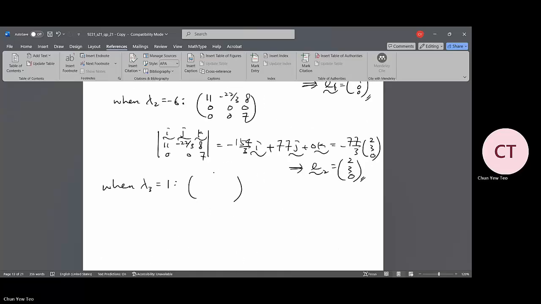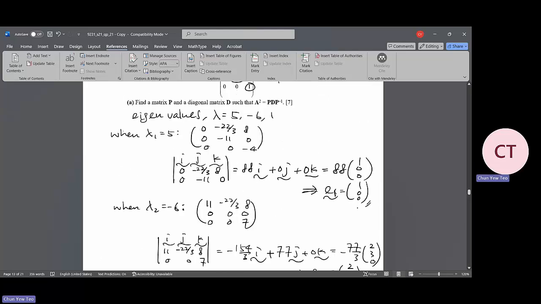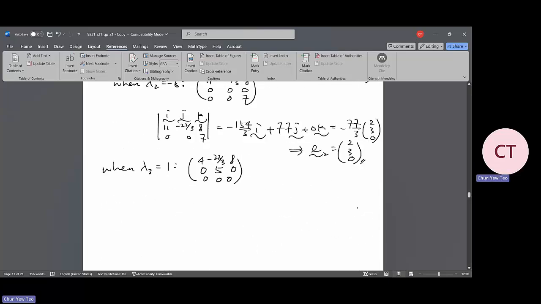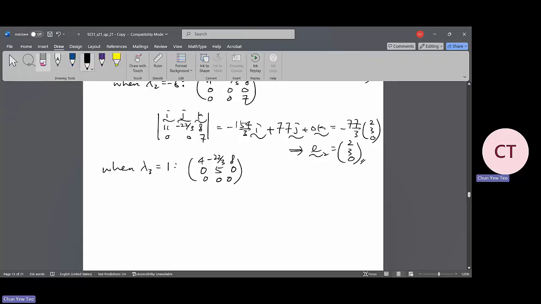This one is all 0. Then this one will be 0, 6 minus 1 is 5, then it's 0, and -1 is -7.